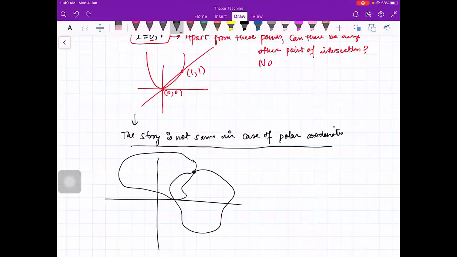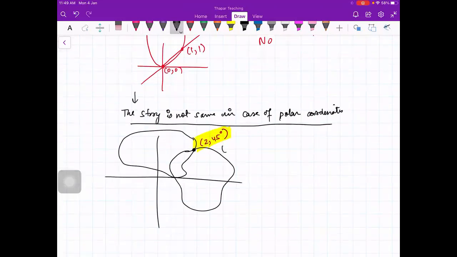and this is a point, right? Suppose this point is 2, 45 degree. Okay. Can you tell me any other name for this point? Is this the only name of this point in polar coordinates? No, ma'am. Can you tell me any other name of this point?